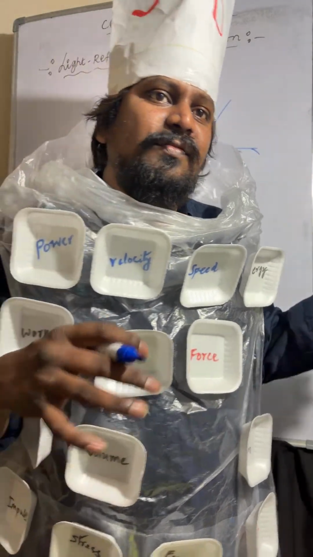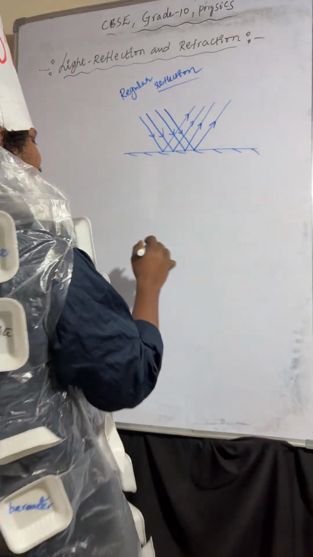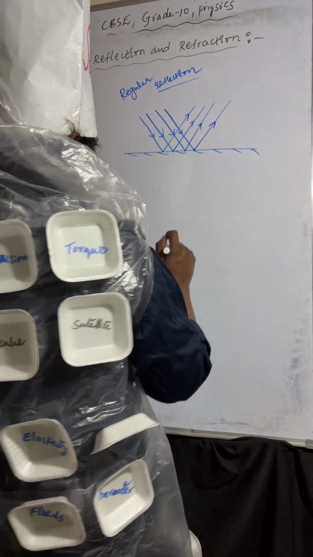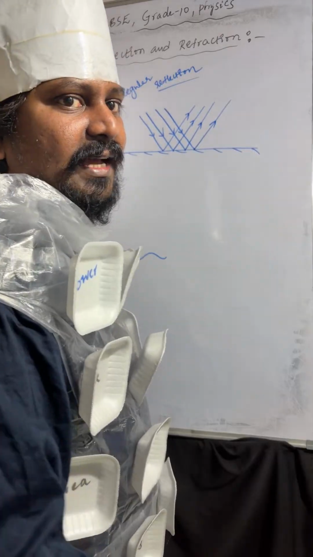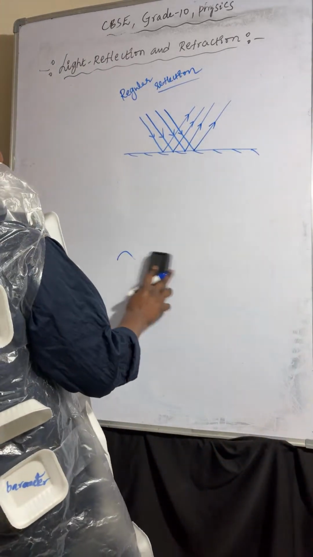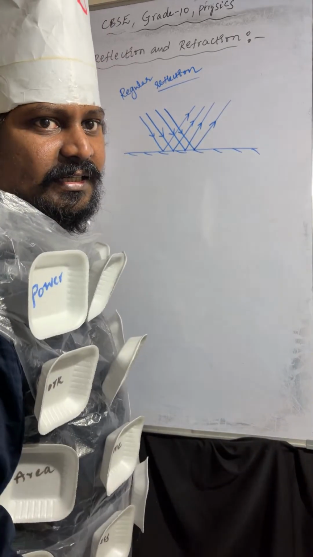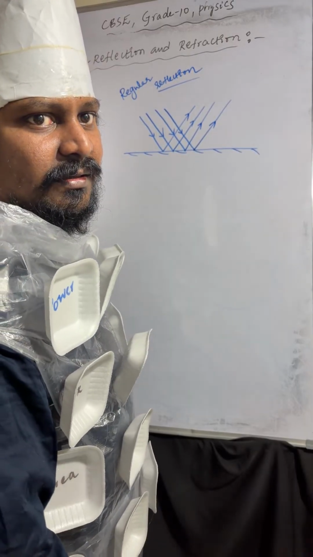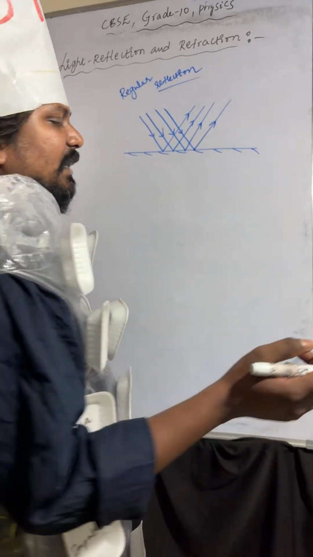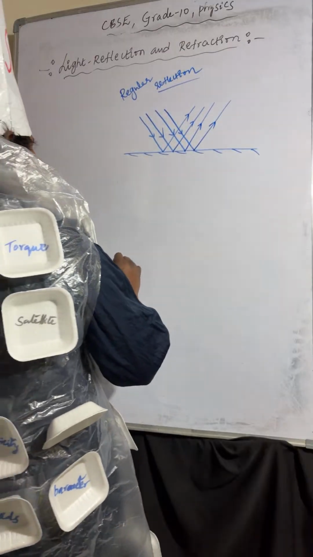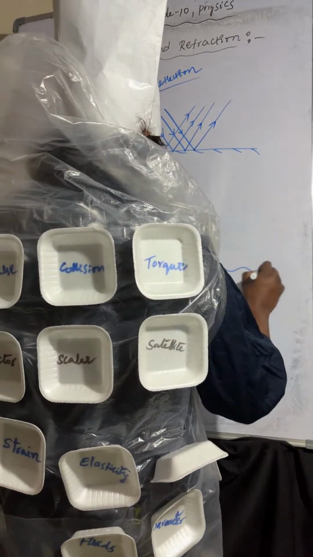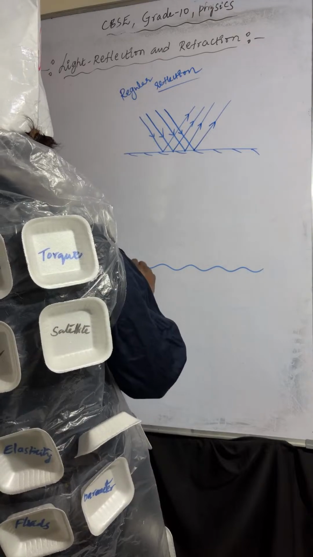Coming to irregular reflection: the incident light rays are parallel, but the reflected light rays are not parallel to each other. You can observe these incident light rays, 1, 2, 3 and 4. But the reflected light rays are not parallel to each other.